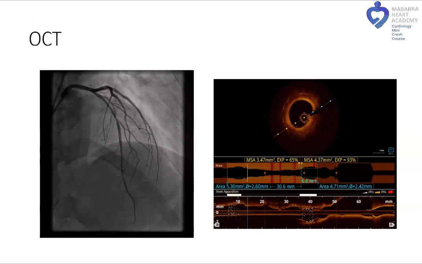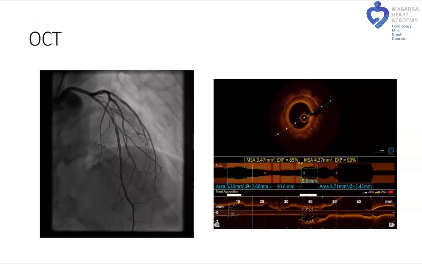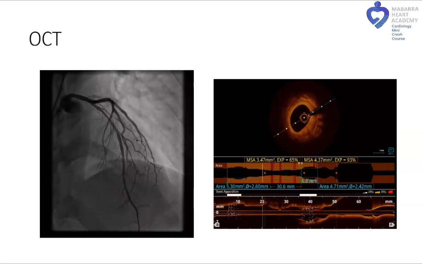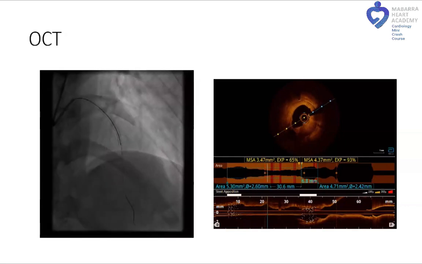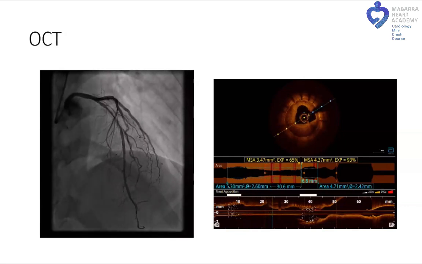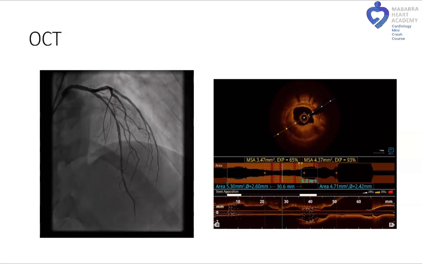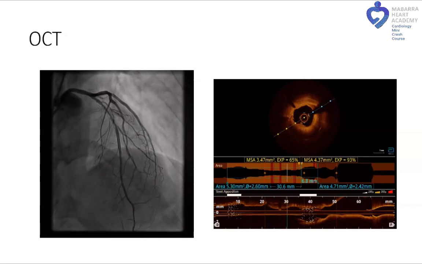And when you have neointimal hyperplasia, you can also have plaque rupture within the stent. So this is very helpful because in these patients, when they are non-compliant to medical therapy, this is what happens.